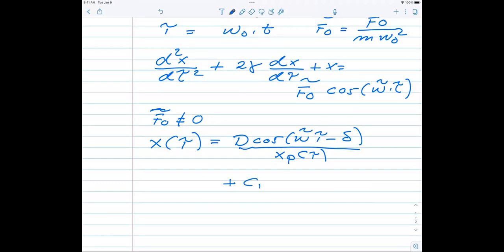And that was given by some constant C1 times e to the R1 times tau plus C2 times e to the R2 times tau. And this R2 is given in terms of the parameters gamma. These terms R1 and R2 would lead to underdamping, where we would have a cosine and sine multiplied with an exponential decay.